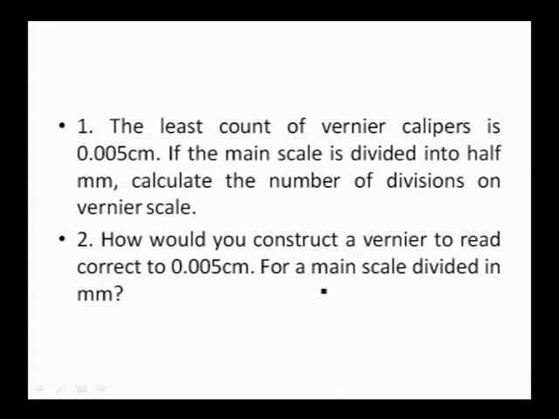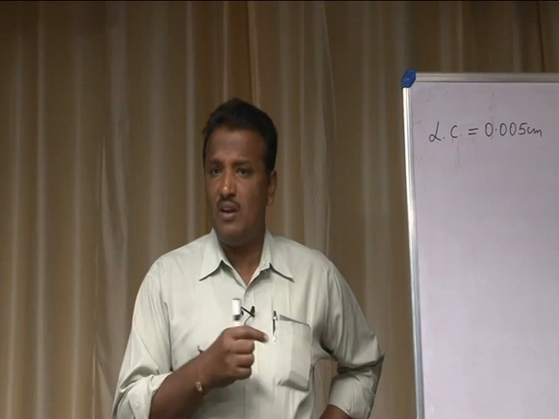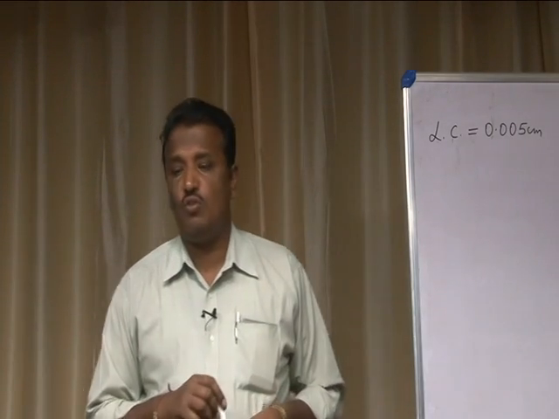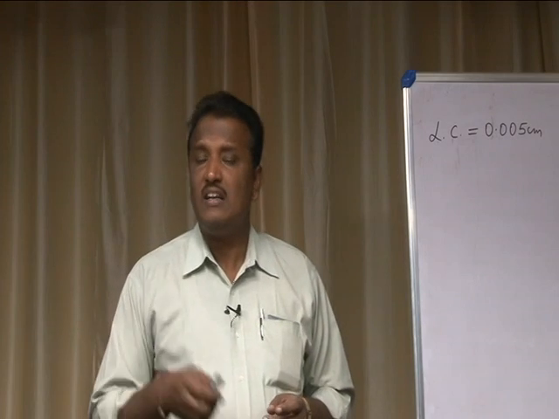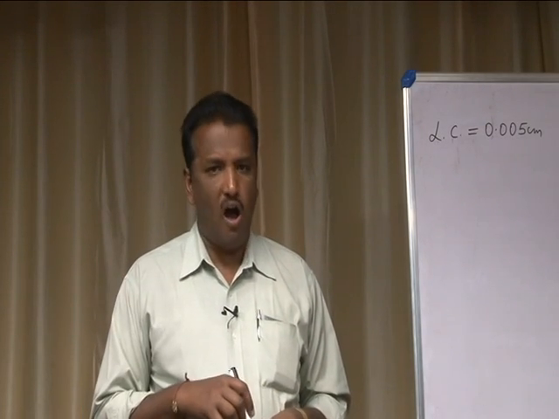The thing is, before starting the problem, you just scan the problem. Here, it is required to find how many divisions are there in the given vernier calipers. What data is given? The least count is 0.005 centimeter, and the main scale is divided into half mm.